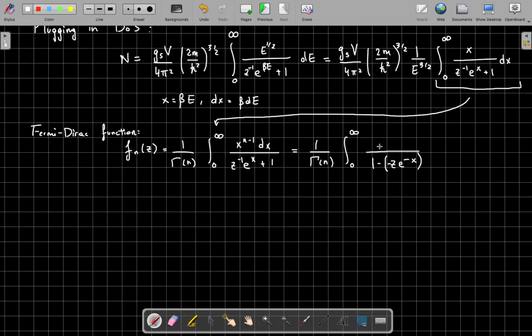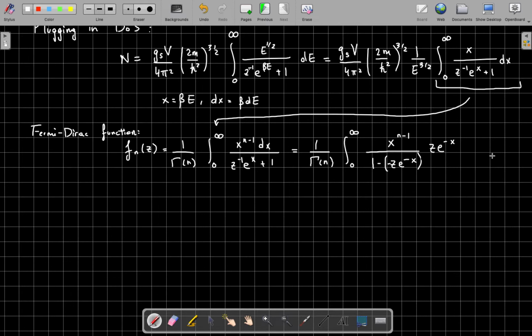We'll see why in a second, but let me just write the denominator like this. But we should multiply the top by this, so that when I bring this to the bottom, I get z to the minus 1 times e to the x. This cancels out and gives me a plus 1, and this gives me a z to the minus 1 e to the x, which is precisely what we have here. So this works.